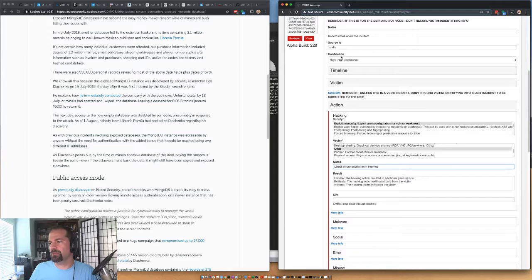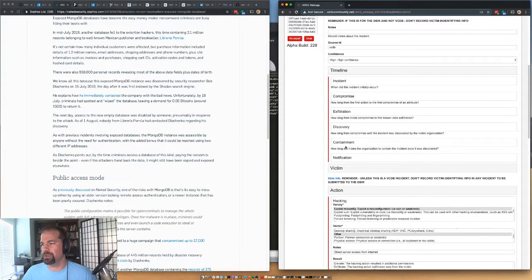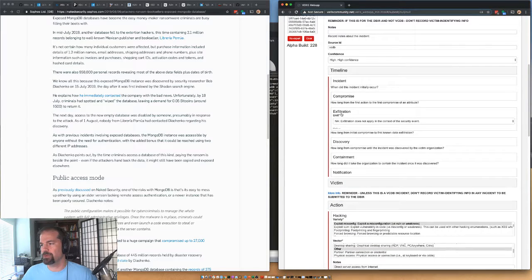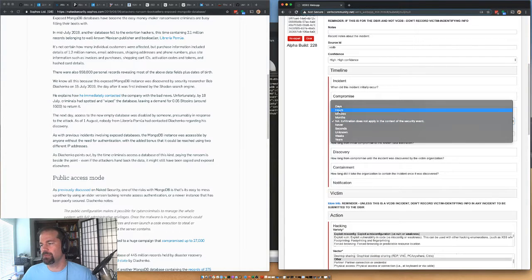Oh yeah, and we do need to mark exfiltration because they downloaded the database. So this one's going to be a breach of confidentiality and availability. Exfiltration, probably minutes to download the database.